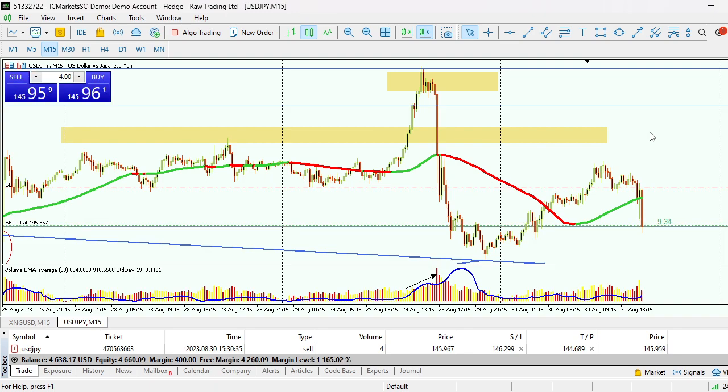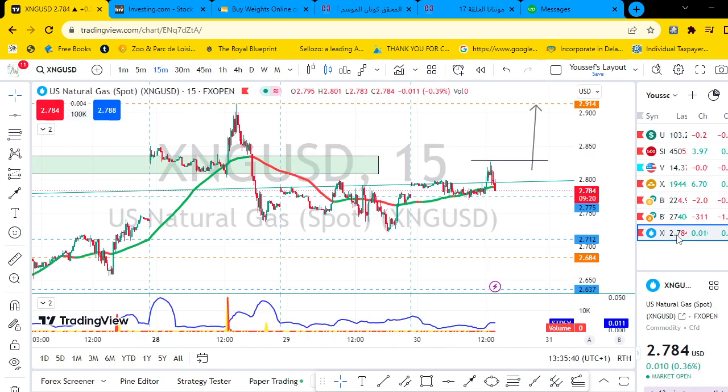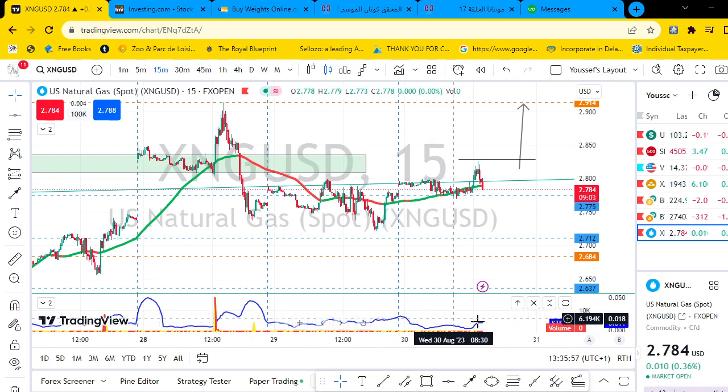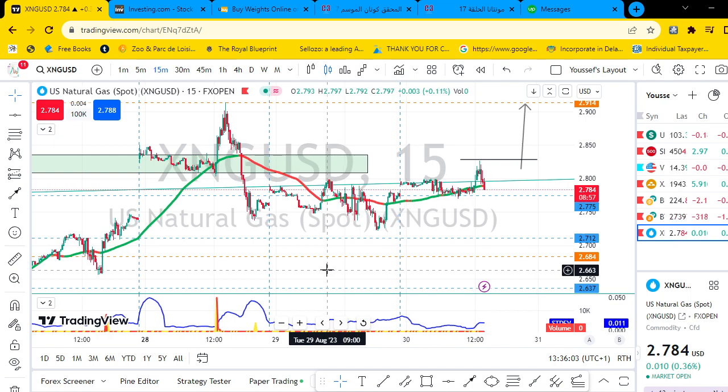Also non-farm payrolls, which are very beautiful to trade if you know how to trade them. Yeah, the natural gas is not moving. Volume is not waking up. Also, the standard deviation is not showing any momentum.